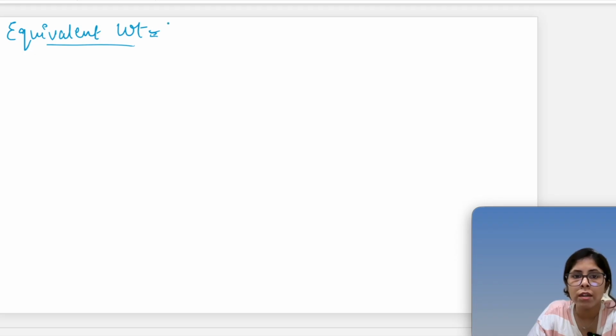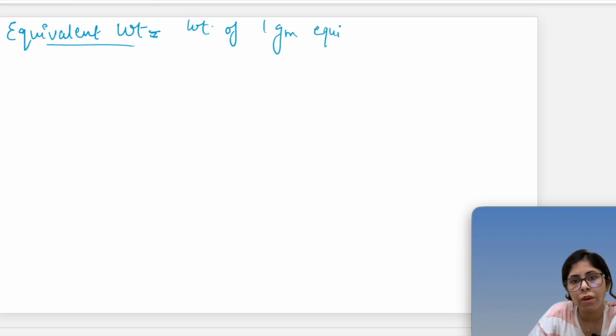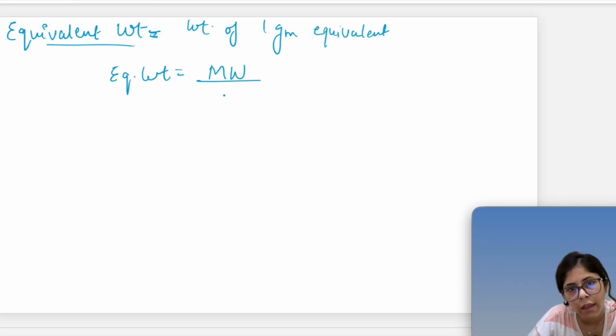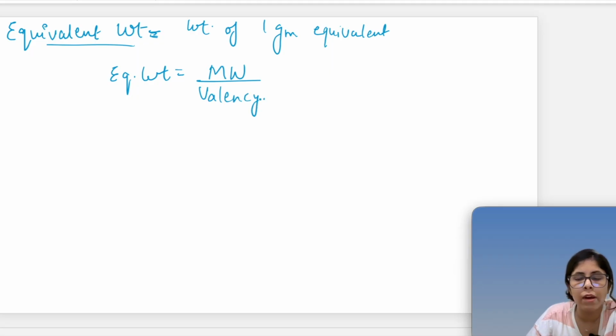It's nothing but the weight of 1 gram equivalent. If I want to calculate equivalent weight, you take the molecular weight and divide it by valency. Valency is nothing but the charge upon them.